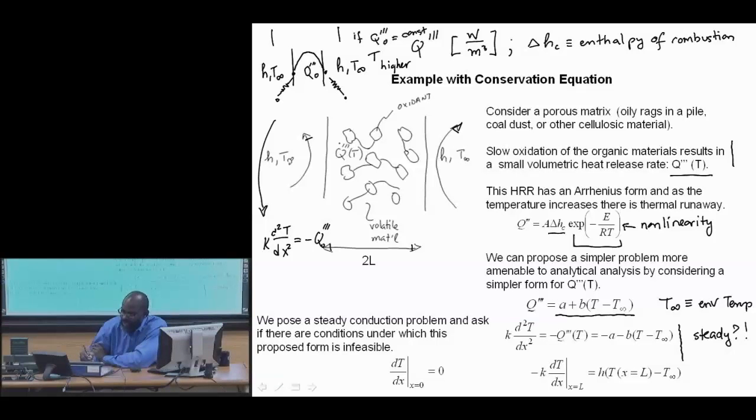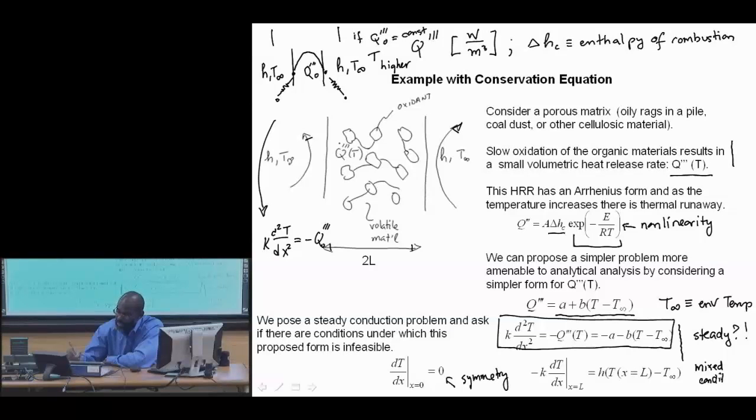To solve this equation, we need two boundary conditions. The two boundary conditions are a symmetry condition and this Robin condition, this mixed condition, where we're saying that the heat loss, the heat flux, Q double prime, is equal to what we would get from Newton's law of cooling, this convective heat loss model.